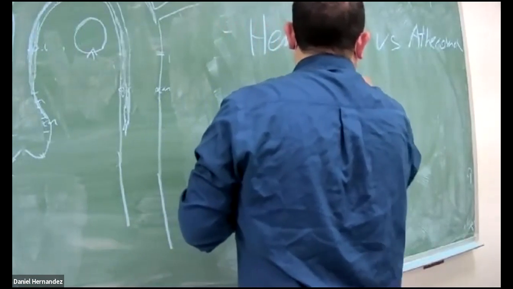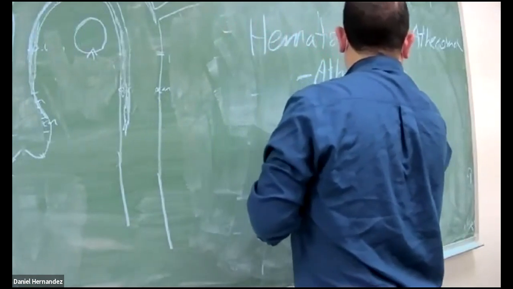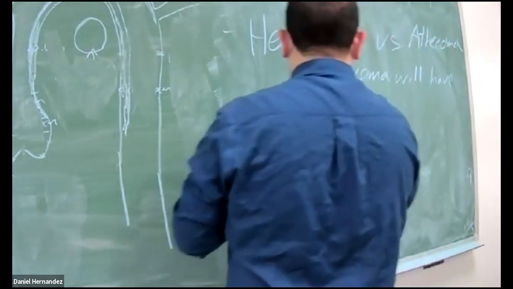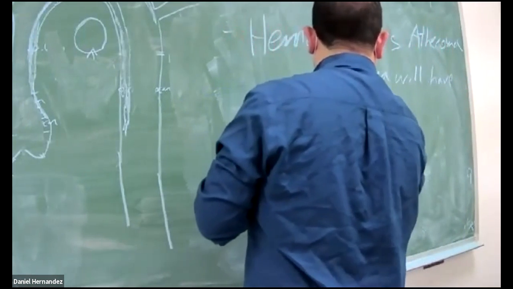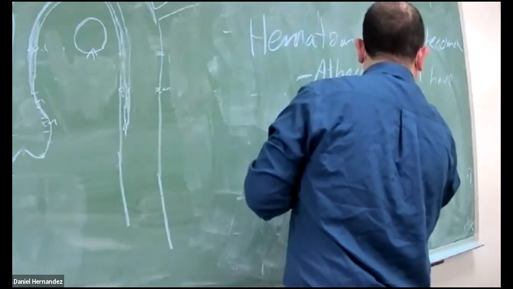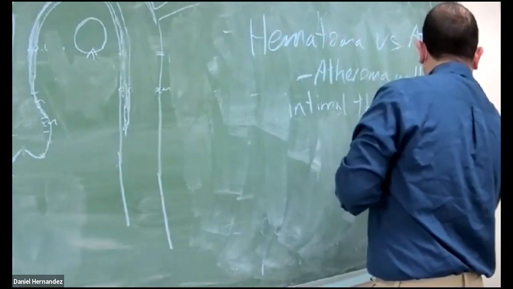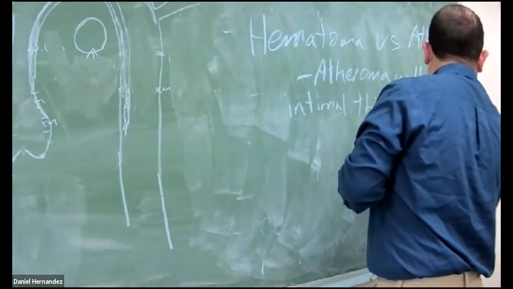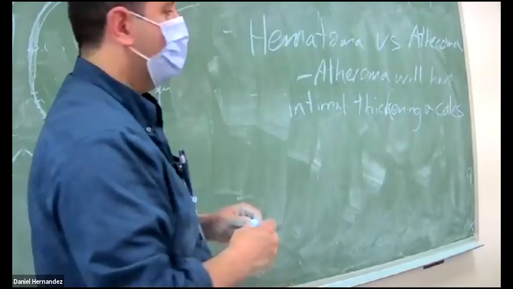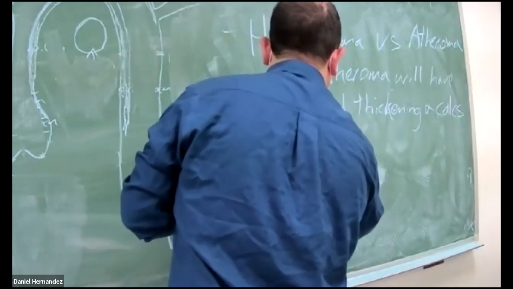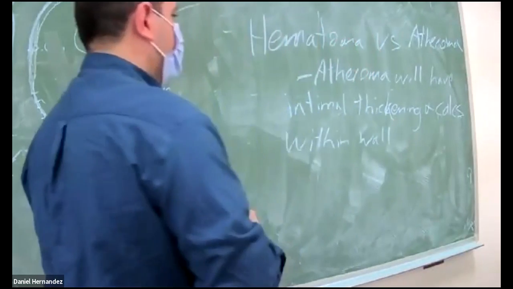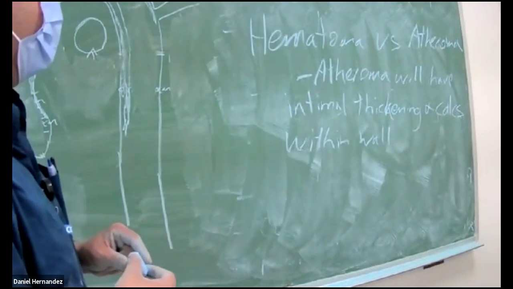So atheroma will have intimal thickening and calcifications within the wall.